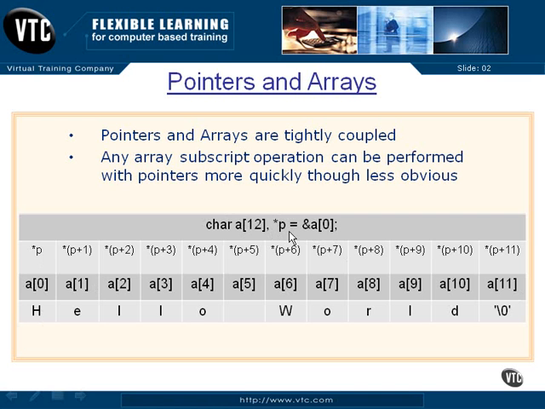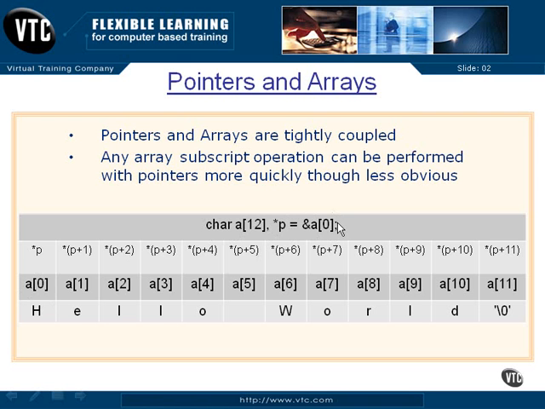We could have just as easily said in this definition that P is equal to A and left off the address of sub 0, because that's what A is. When we create an array, A references the address of element 0, the first element.